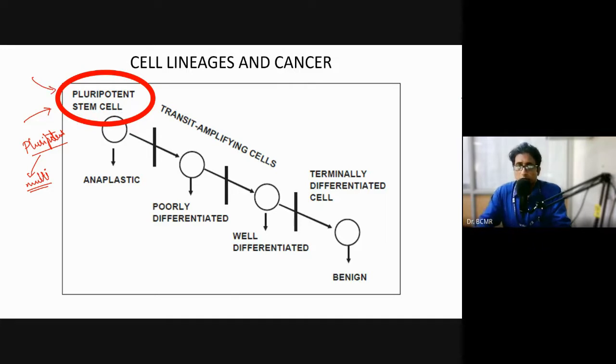For us, we are very clear that totipotent means it can give rise to a complete organism. Pluripotent is all types of cells but not a complete organism. Then we have multipotent, which can give rise to multiple cell types. And then we have unipotent stem cells, right? They can give rise to only one type. So we need to use this terminology very accurately.